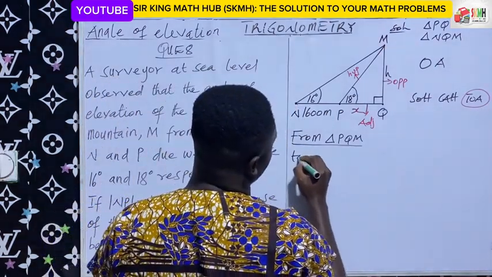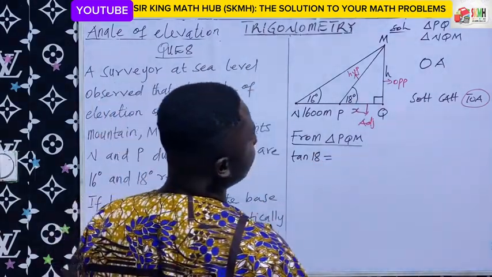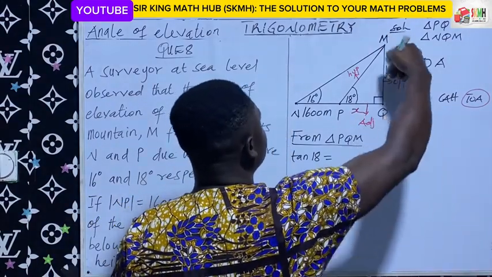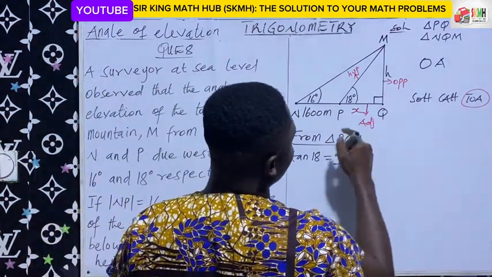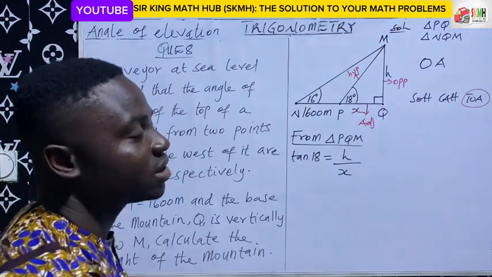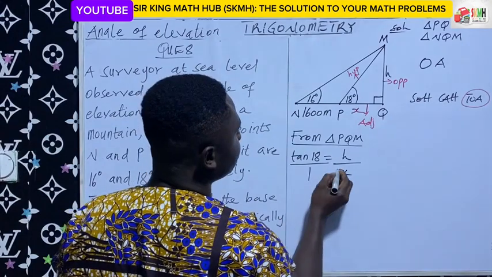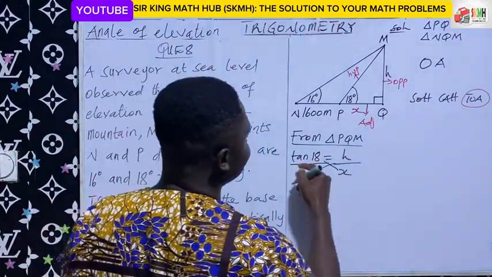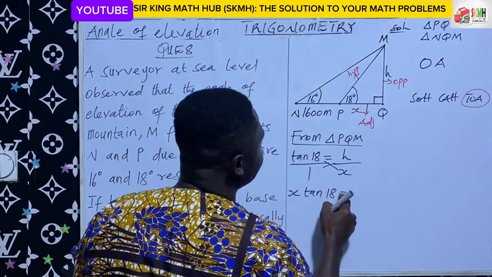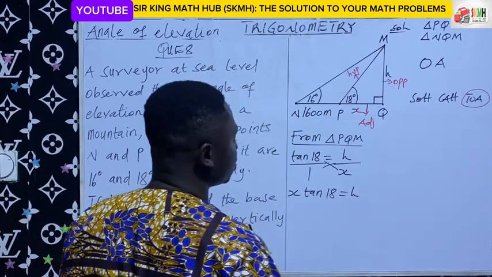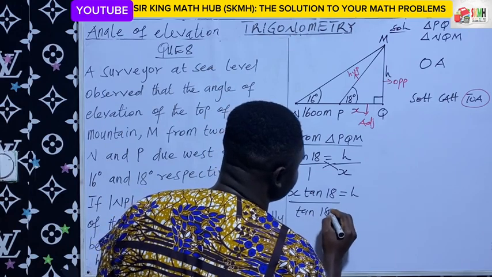TOA says that the tan of the acute angle, 18 degrees, must be equal to the length of the opposite, which is represented as h, divided by the length of the adjacent, which is represented as x. I want us to make x the subject. So tan 18 is the same as tan 18 over 1. You can cross multiply: x times tan 18, and 1 times h, that is h. So to make x the subject, you can divide both sides by tan 18.